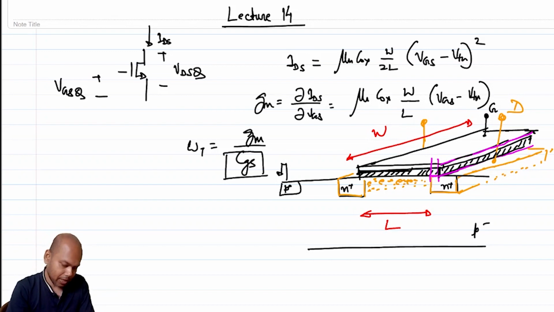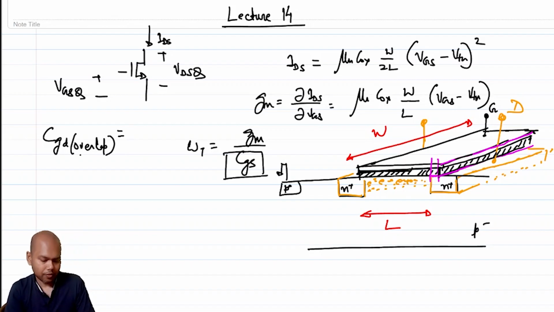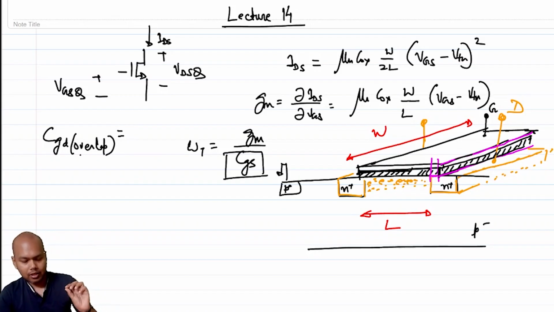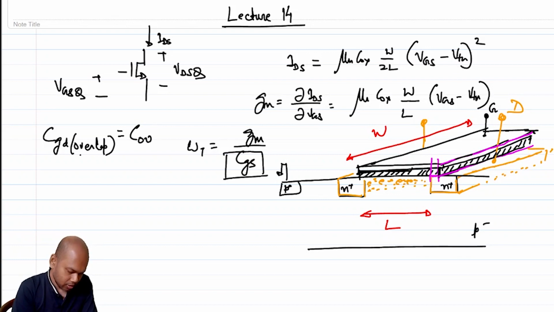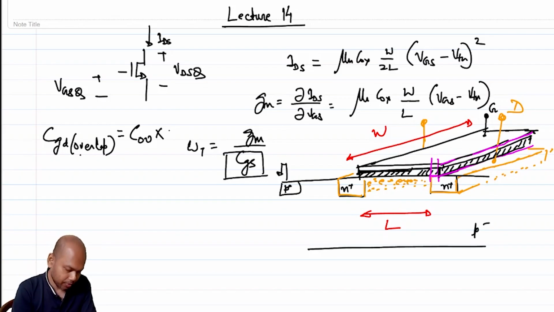So you have an overlap capacitance, or let me make it explicit that I have a CGD overlap, which is equal to some unit capacitance, which corresponds to the amount of overlap, times the width of the transistor.